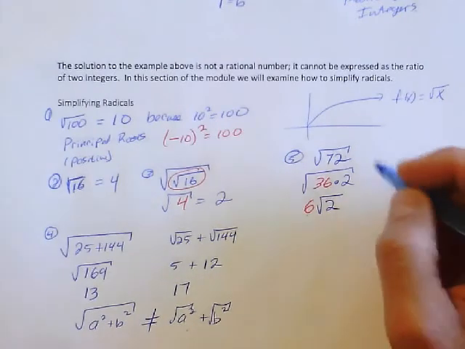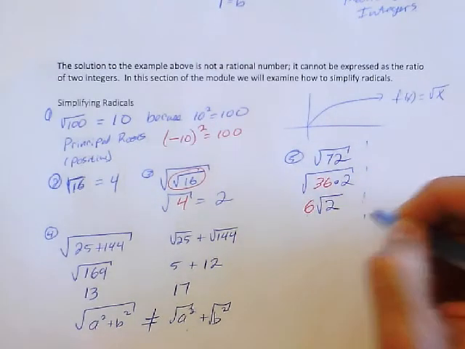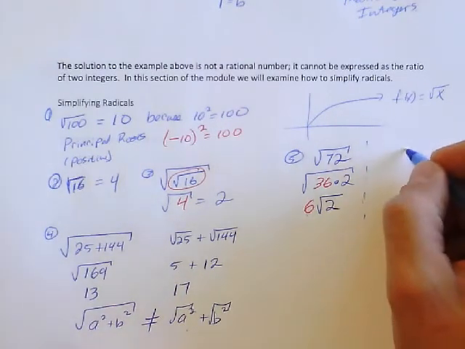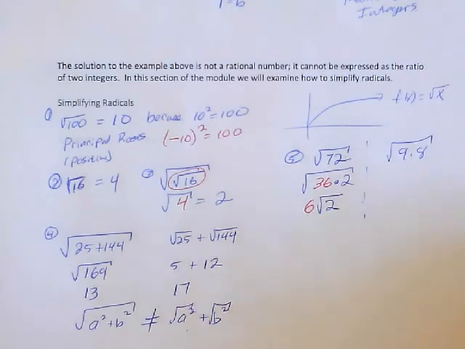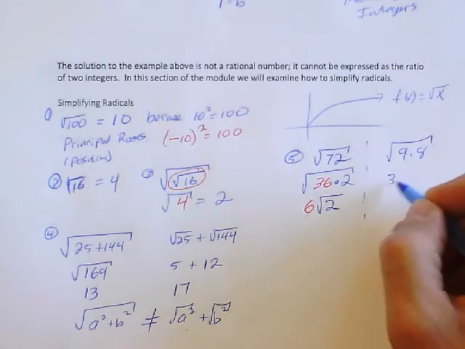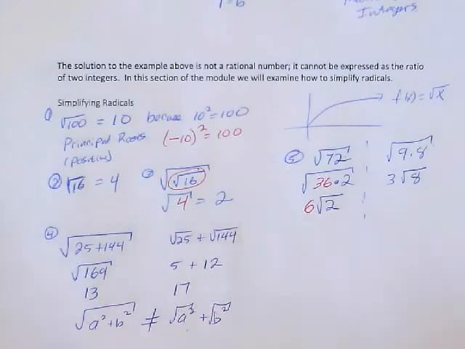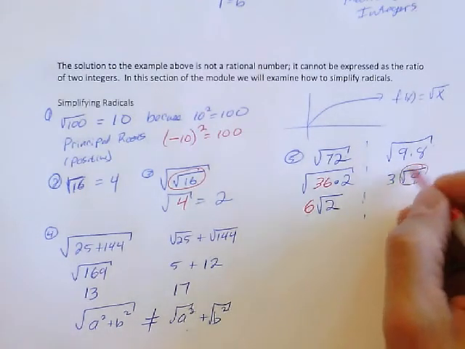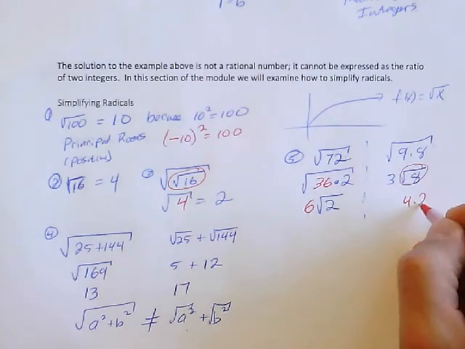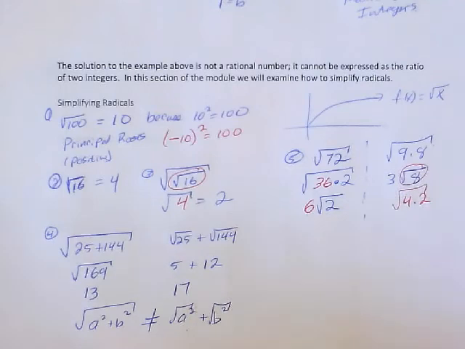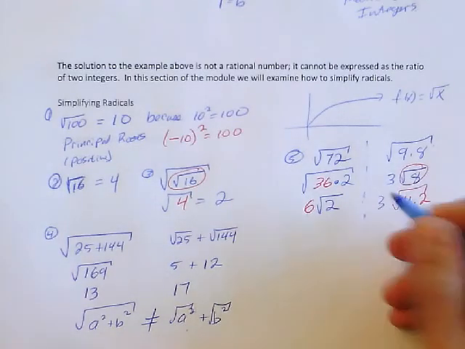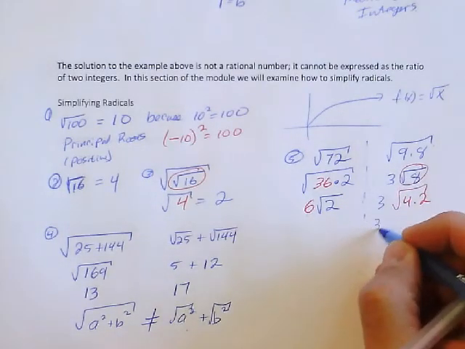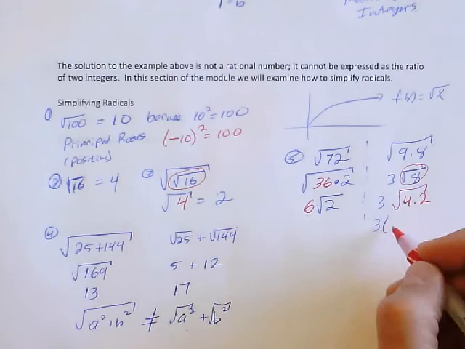The reason we don't use a smaller number, just as an aside here, if we were to do 9 times 8, 9 times 8 is 72, right? So if you do 9 times 8, the square root of 9 is 3, but now you've got the square root of 8. Well, guess what? The square root of 8 can be broken down to 4 times 2, times the 3.